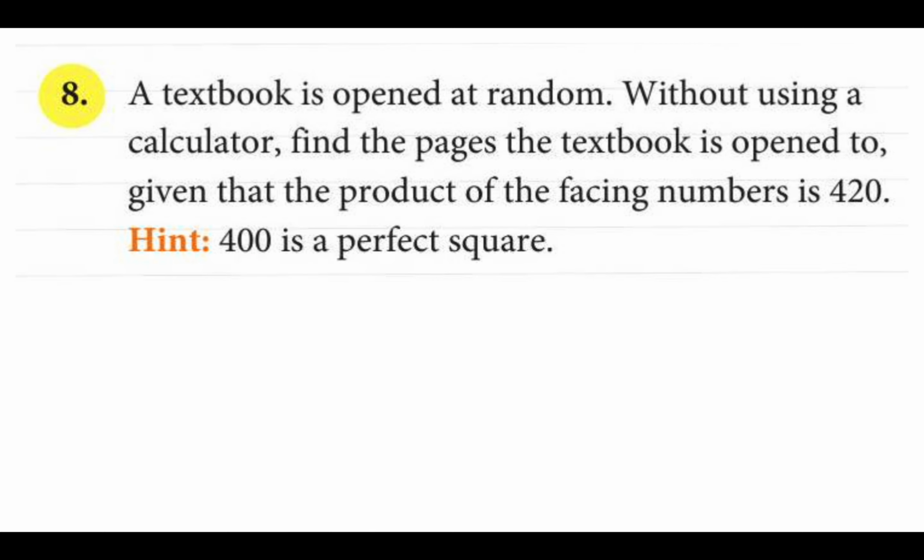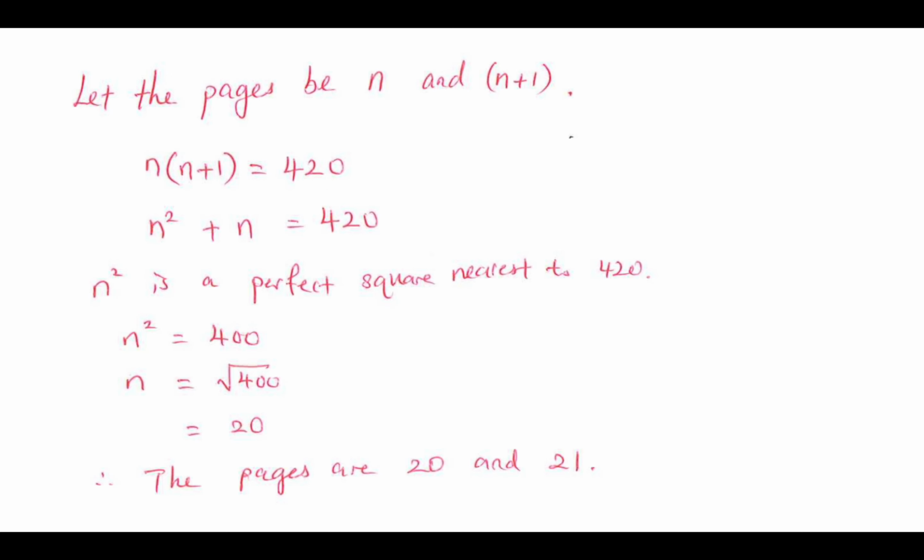Right, here's an interesting question. A textbook is open at random. Without using a calculator, find the pages the textbook is open to, given that the product of the facing pages is 420. We know the two pages must be one number after the other. So if one of the pages is page n, the other page will be n plus 1.